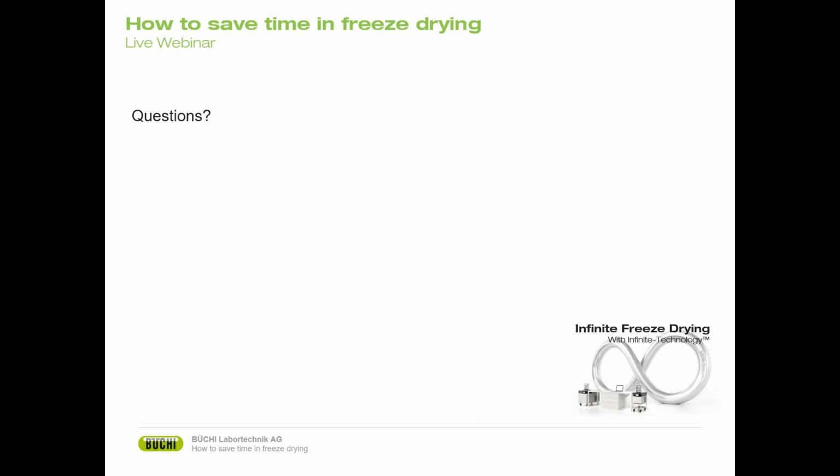I would probably think that faster freezing will give a nicer powder, but this one I would have to look up in the literature. Okay, thank you very much, Ulrike.